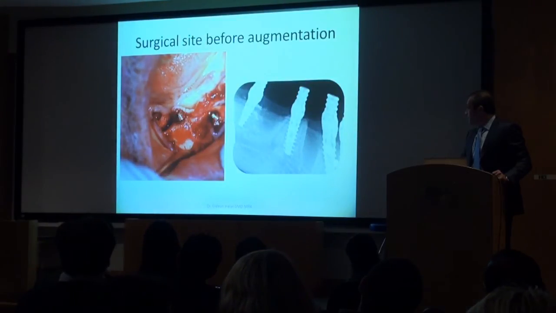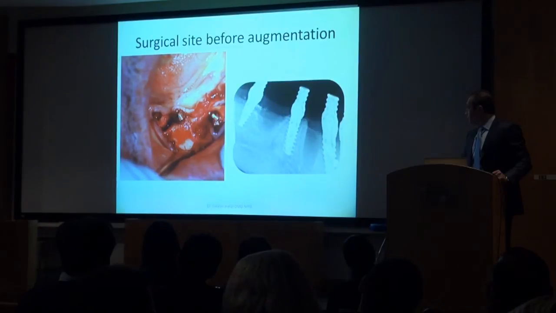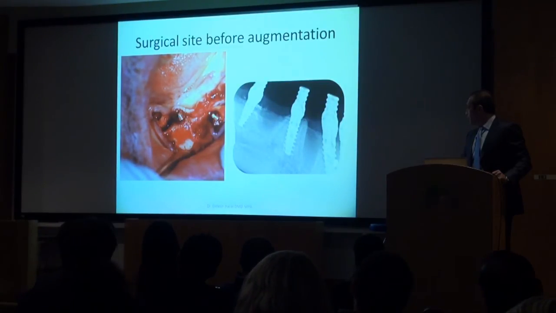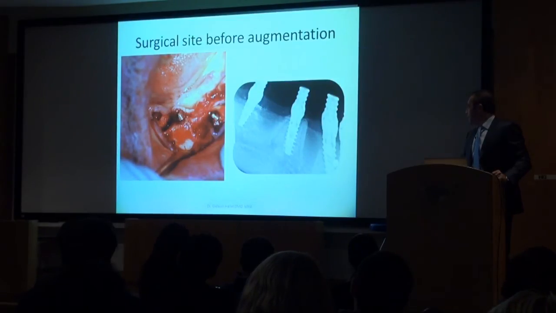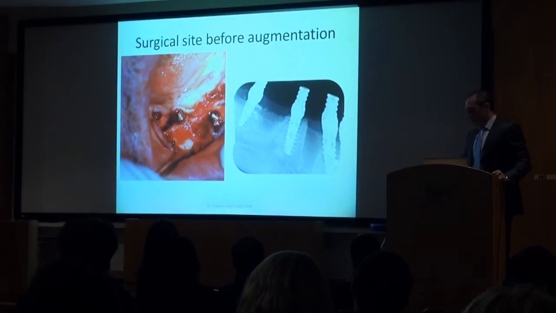In this case, this doctor used interdental space for implant placement in order to preserve more, despite of course small vertical resorption, as all of you know, but he preferred such an implantation and filling and grafting of the sockets.